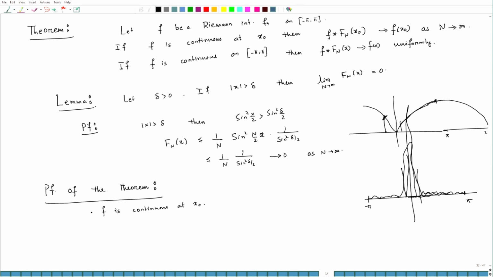Therefore, for epsilon positive, there exists a delta greater than 0 such that mod of f of x naught minus y minus f of x naught is less than epsilon by 2 whenever mod y is less than delta.